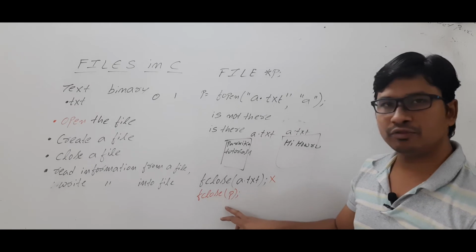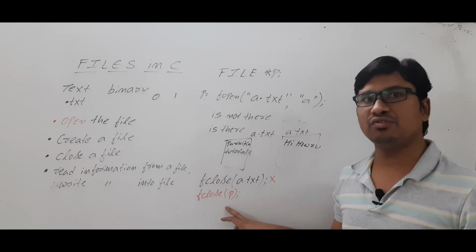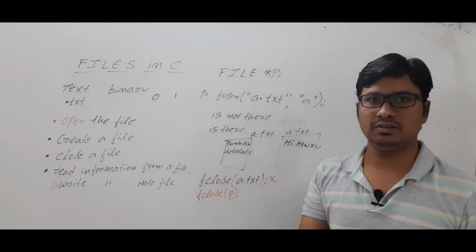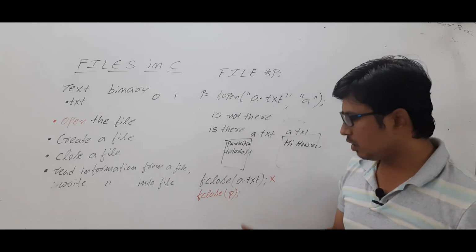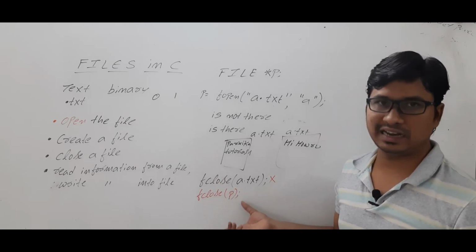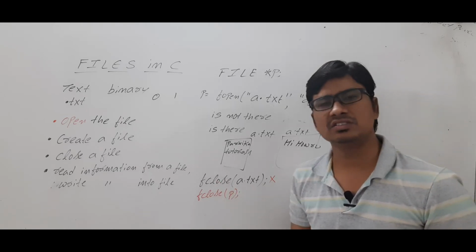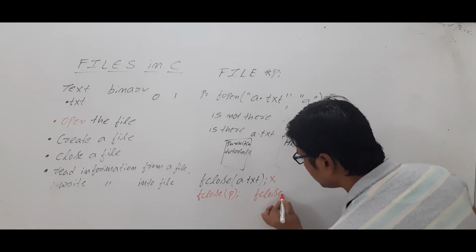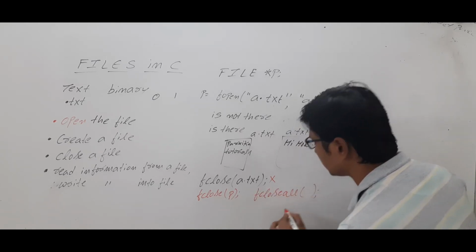With the help of fclose, you can close only one file. Let's say you have opened 100 files for doing various tasks. Now if you want to close those 100 files, you have to write this fclose function 100 times. That is a tedious task. To avoid that, you can write fcloseall without any parameter.